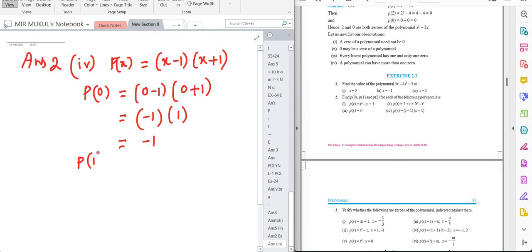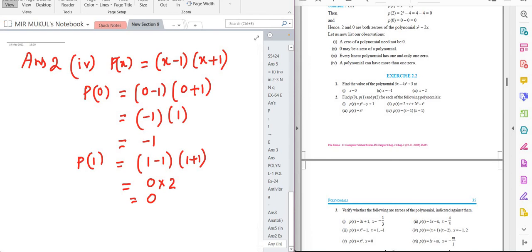Now find P1. So in place of x we have to put 1. 1 minus 1, 1 plus 1. So 1 minus 1 how much? 0. And 1 plus 1, 2. And if we multiply with 0, then we'll get 0.